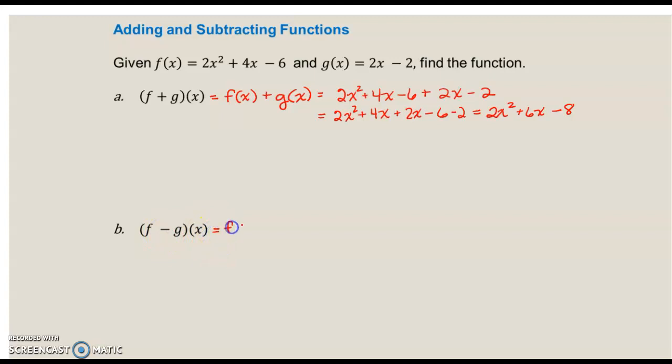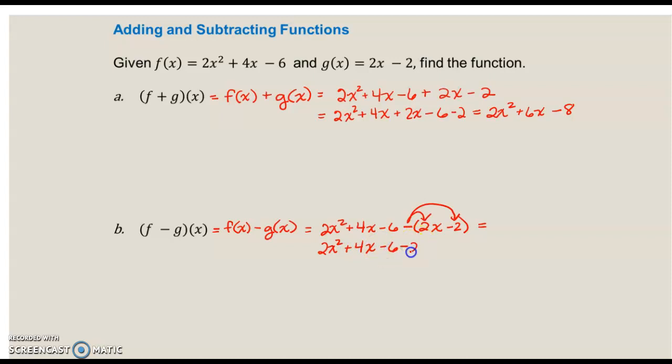Subtracting, do exactly the same thing, except you're going to subtract the g of x off. I usually like to put it in parentheses at the end just to make sure that I change all the signs back there. So now your negative distributes through, and you get 2x squared plus 4x minus 6.